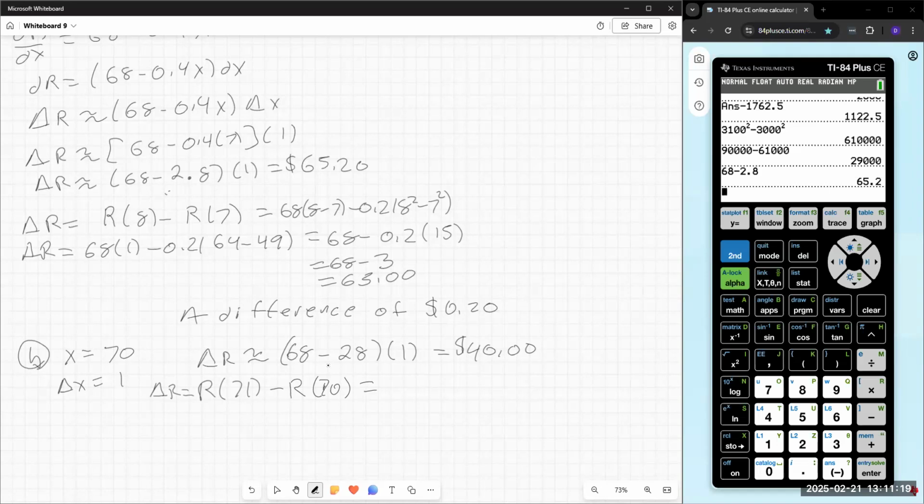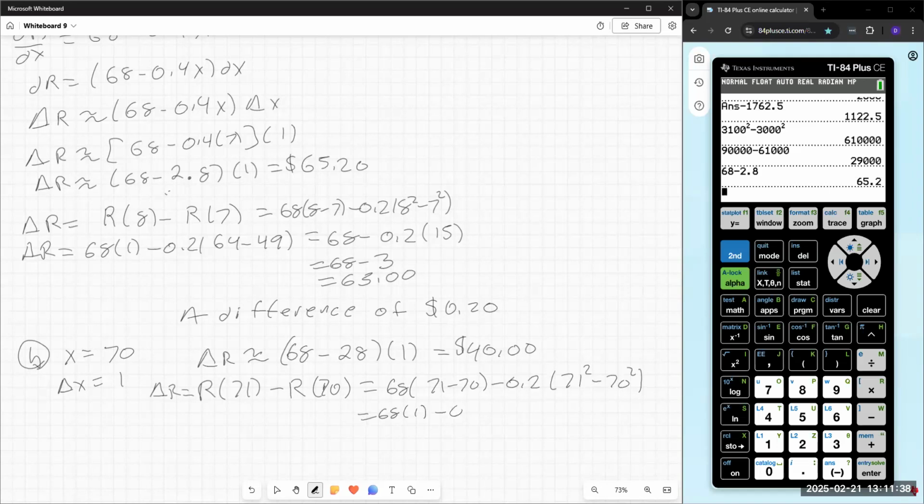So that will be 68 times 71 minus 70 minus 0.2 times 71 squared minus 70 squared. I'll be using my calculator for that for sure.